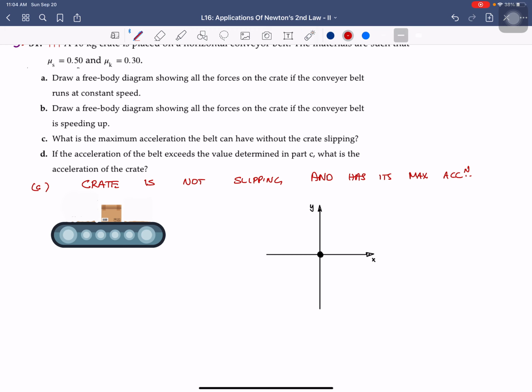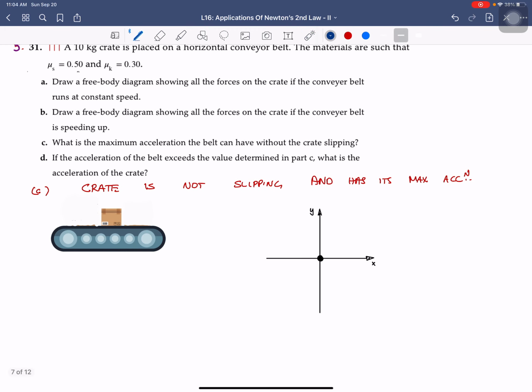So again, as with all other problems, we start with a free body diagram of the crate. Now, one thing to note here is that if there were no friction between the crate and the conveyor belt, then if you start moving this, what's going to happen is the conveyor belt is just going to slip below.